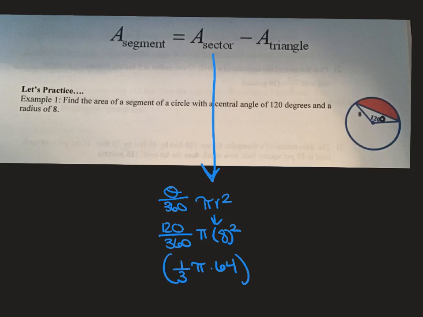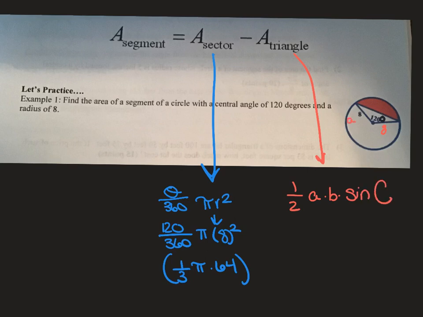And then I'm going to subtract away the area of the triangle. I know this side over here is also an 8, so I'm going to use that 1/2 A times B times sine of C formula.